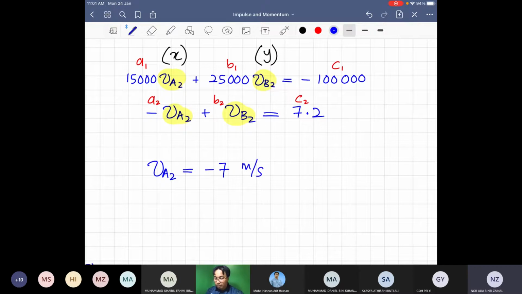Press equals again and you get Y. Y is VB2. So VB2 equals 0.2 meter per second. So this is the final answer: VA2 is minus 7 meter per second, VB2 is 0.2 meter per second.